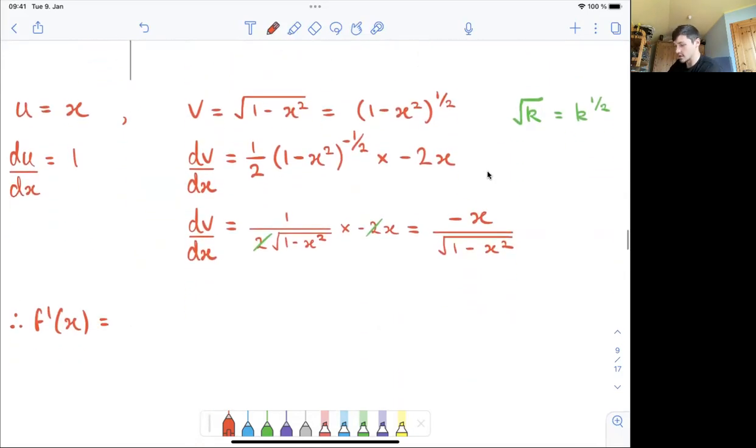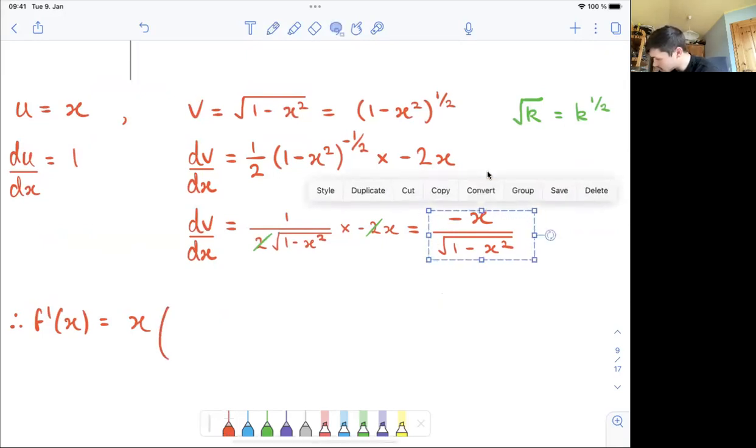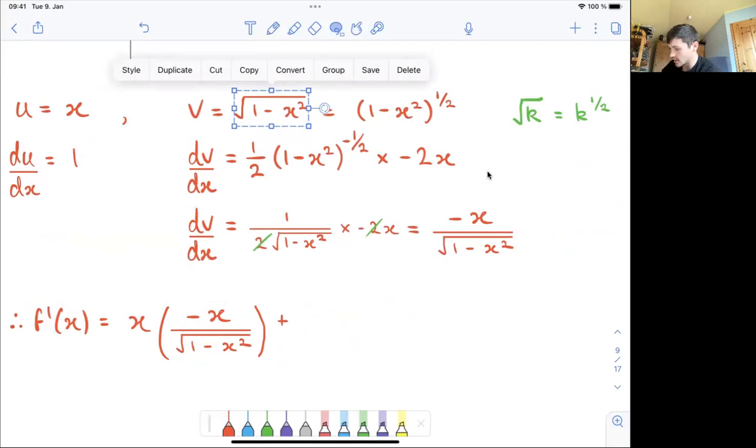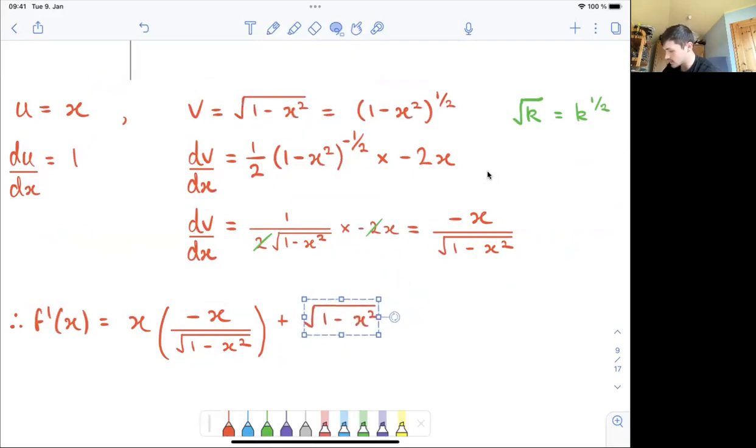So we have x multiplied by dv/dx, which is here. I'll put that into a big bracket, and then add on v multiplied by du/dx, which is just 1, so it's just going to be v.